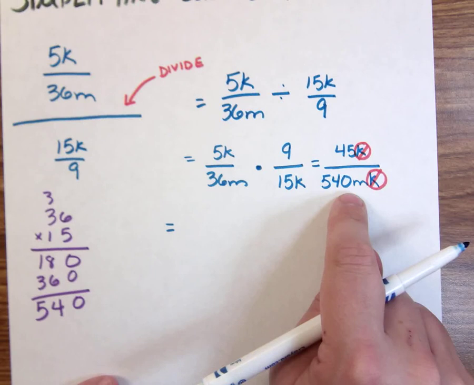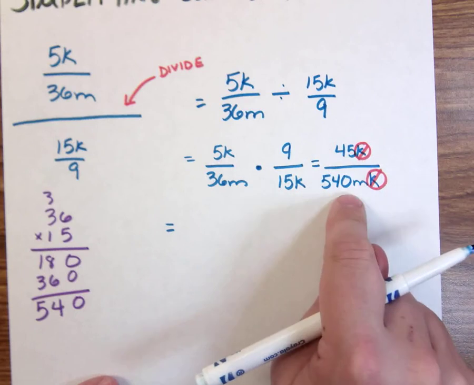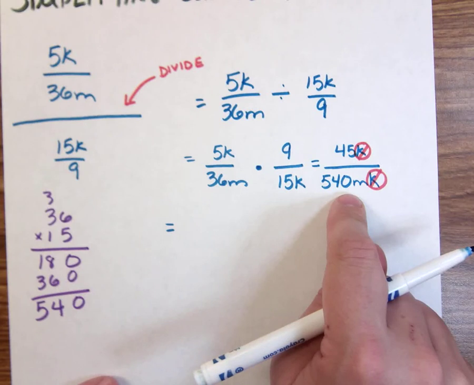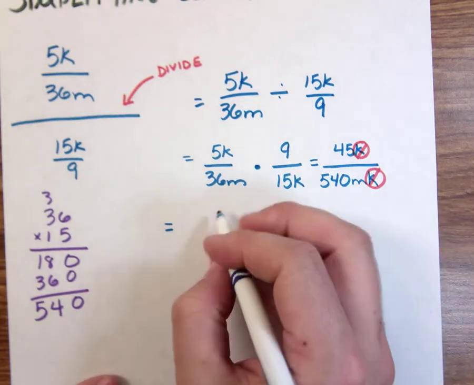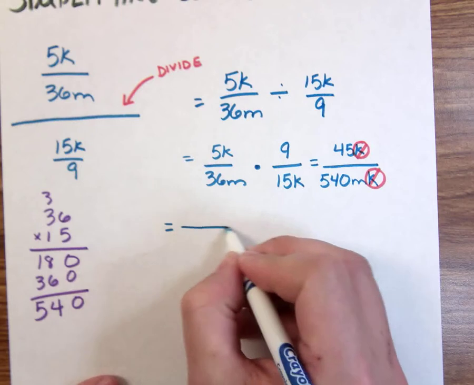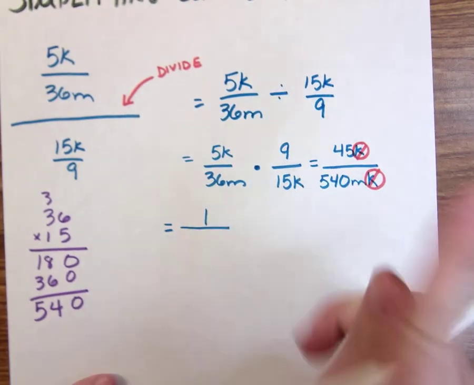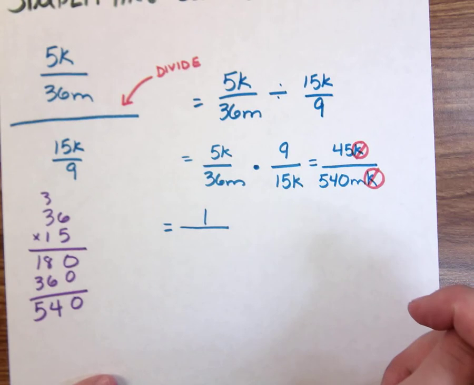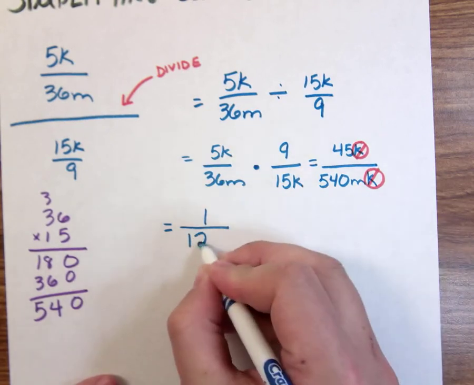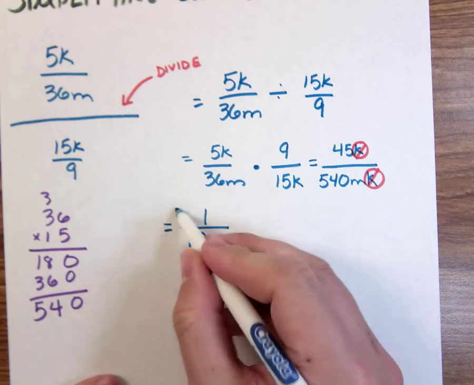If you didn't see that right off the bat, you could slowly get there by dividing them both by 5, and then the thing you would be left with could be divided by 9. But you have seen that both can be divided by 45, so on the top, 45 divided by 45 is 1. On the bottom, what is 540 divided by 45? 12m. And there's my answer.